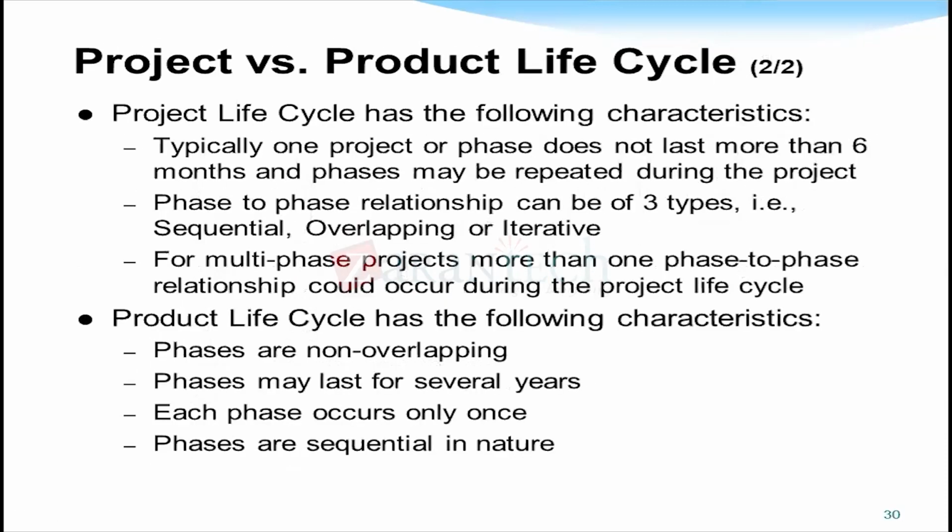Okay. Right? Therefore, a project life cycle typically has one project or phase, not more than 6 months. It depends on how big the project is. Therefore, there may be a sequential, overlapping or iterative process. Sequential: after completing module 1, go for module 2.